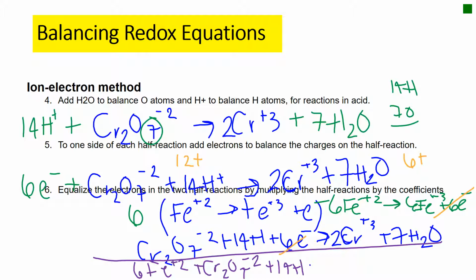Then I'm going to write the equilibrium arrow going to my products. We have 6Fe on the right but not on the left, so it's going to go down below. And I have 2 chromiums and 7 waters. So that will be my overall reaction.